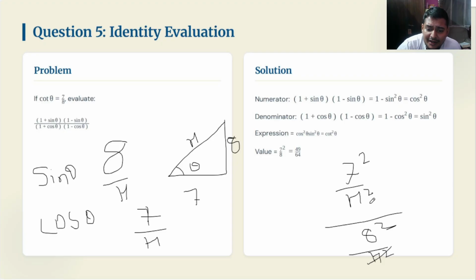This h square and h square cancels, and the relation comes out to be 49 by 64, which means 7 by 8 whole square.